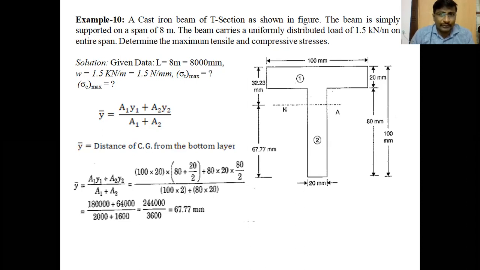So this is a simply supported beam problem. The outermost layer of the topmost layer of the beam is subjected to compression, and the bottommost layer of the beam is tensile. Here we have to determine the maximum tensile and compressive stresses.